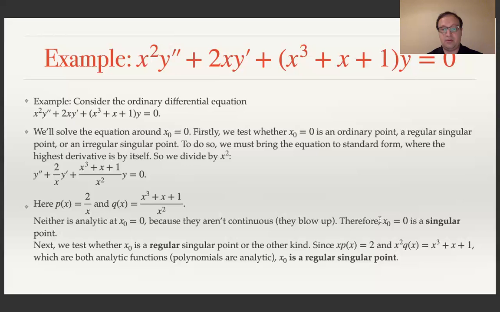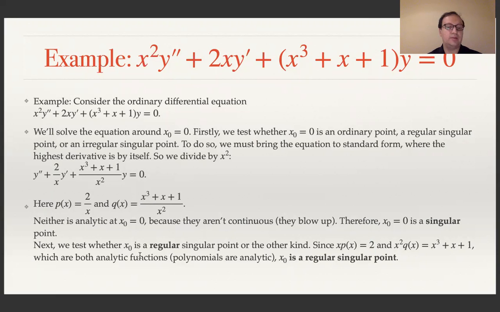Okay, so now let's check what kind of singular point 0 is. Since x times p is equal to 2, and x squared times q is x cubed plus x plus 1, well, both of these are analytic functions, both of them are polynomials.